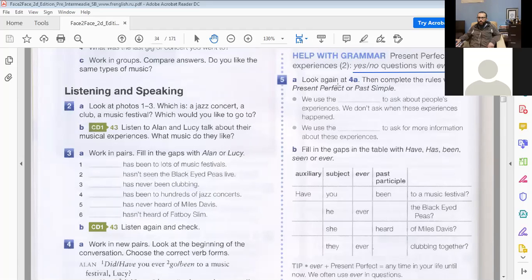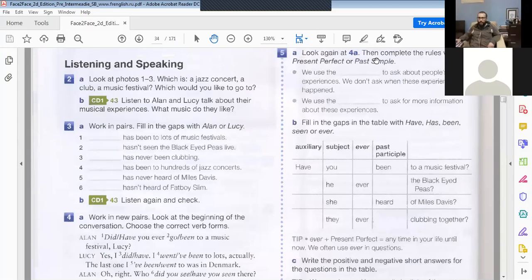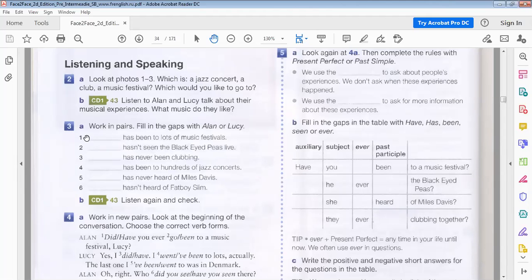So now I want you to look again at number 4A and complete the rules. Let me move the page a little bit. It says, complete the rules with present perfect or past simple. The first rule: which one do we use to talk about people's experiences?